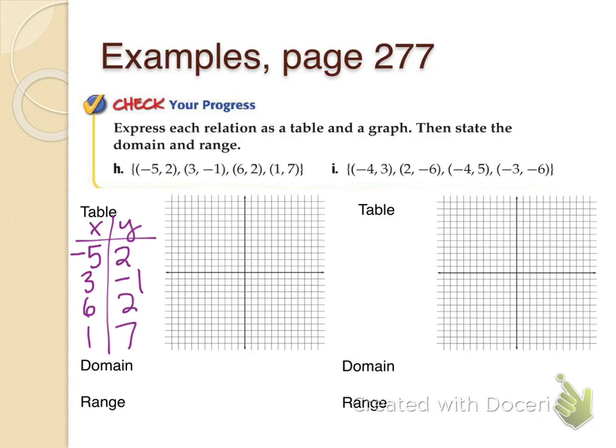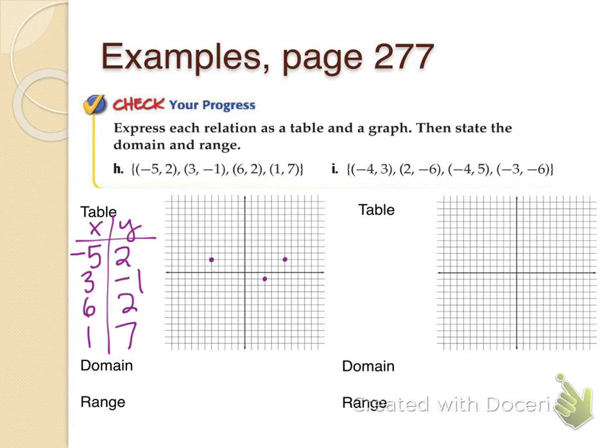So graphing these, negative 5, 2, go left 5 and up 2. All right, that's our first point. 3, negative 1, over to the right 3, down 1, put a dot. 6, 2, go 6 to the right, and then up 2, and put a dot.